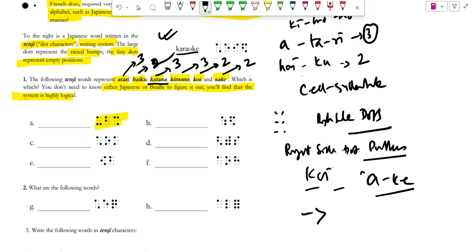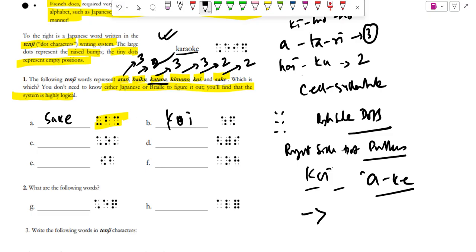Here A goes with sake and B goes with koi.